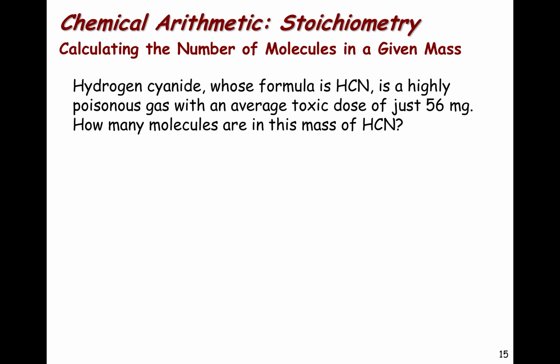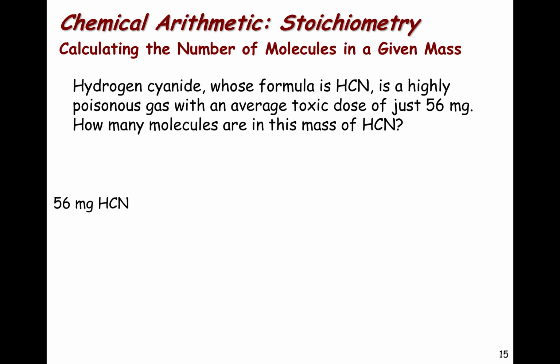In this particular situation, we are going to initially need to convert the milligrams to grams, because our conversion factor of molar mass will be in the grams per mole. And then we can use that to do our conversion to moles. And then we can use Avogadro's number to convert the moles to molecules.